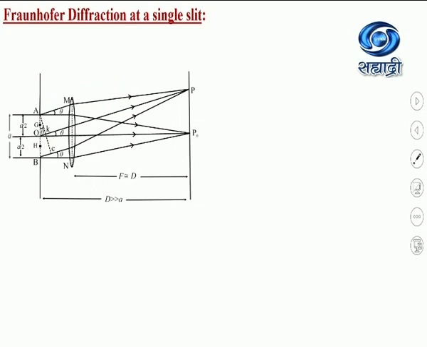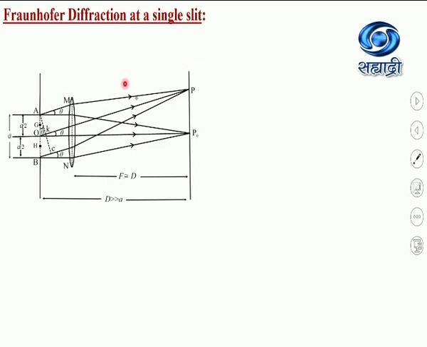And therefore, there exists a path difference or phase difference between the waves when they arrive at point P. This point P is at angular position theta.